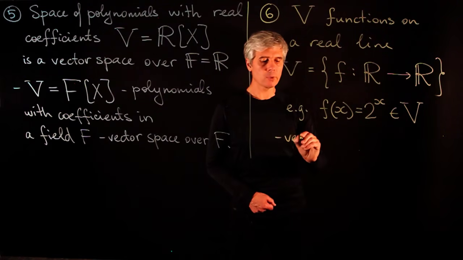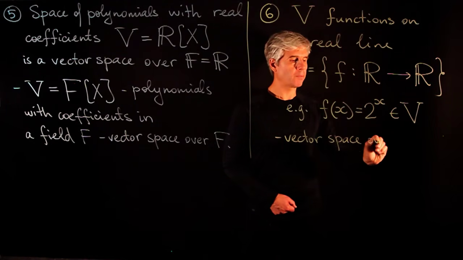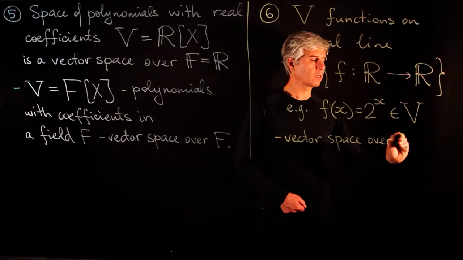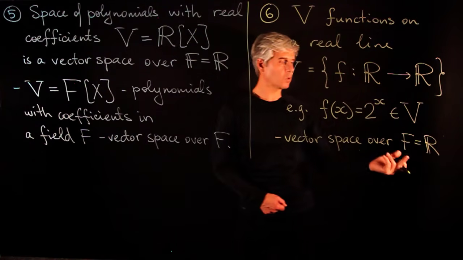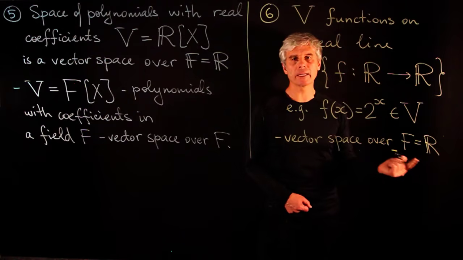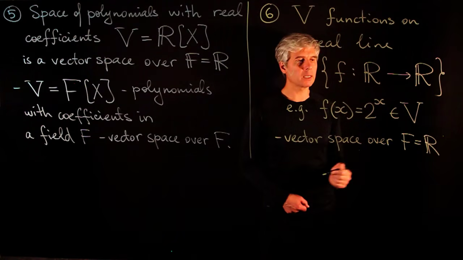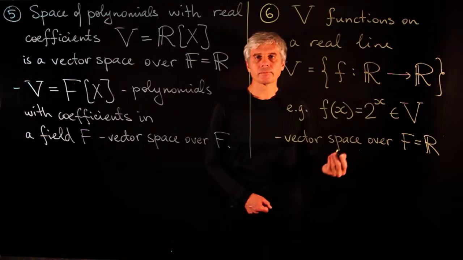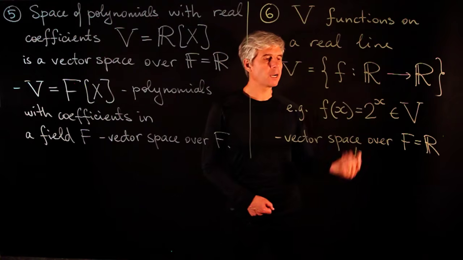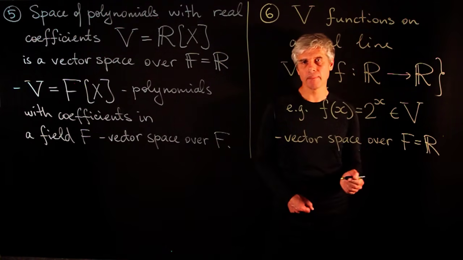And so this is a vector space over the field of real numbers. So here in this context, scalars are real numbers, and we can multiply any function by a real scalar. And again, it's instructive to verify that all 8 axioms of a vector space will hold here.